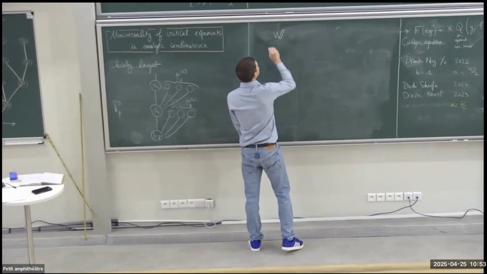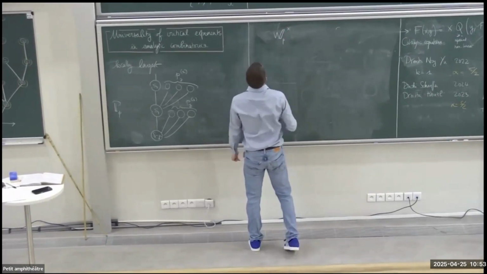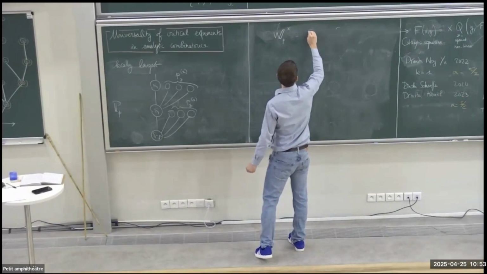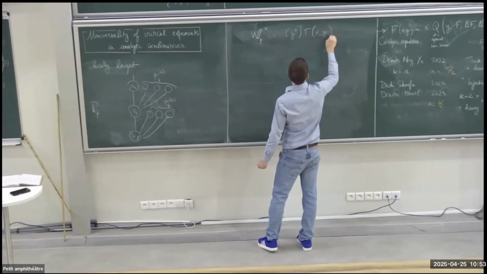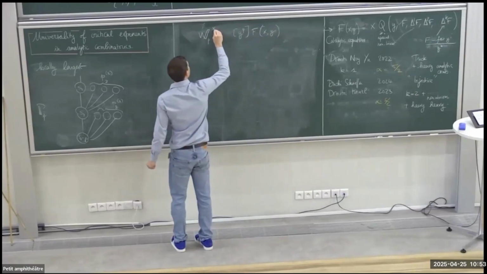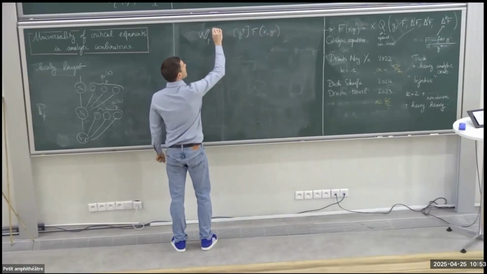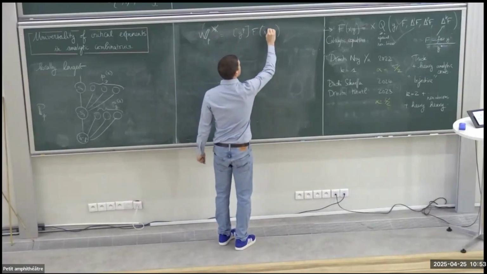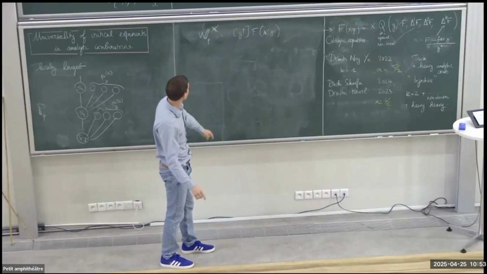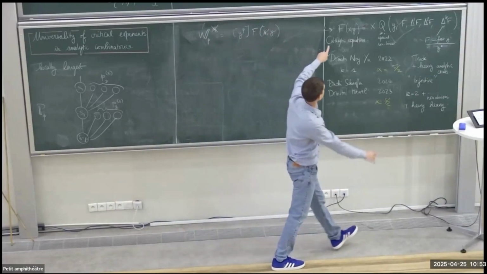Remember, what are those WP of X? Remember, this is just Y to the P in F of XY. And let me think of X0 as being fixed, and I removed it from the notation. It's a parameter that has been fixed. Now look at the equation here.